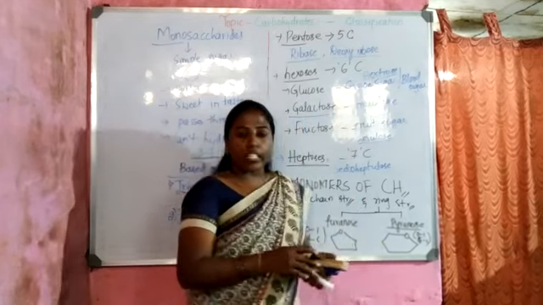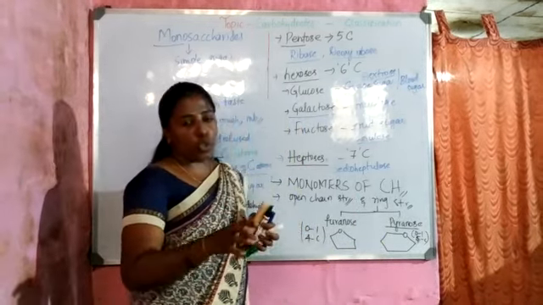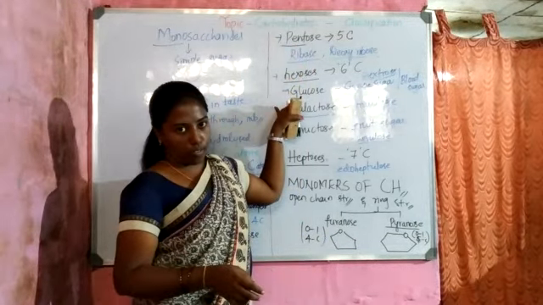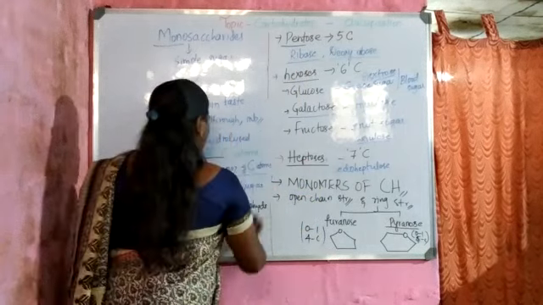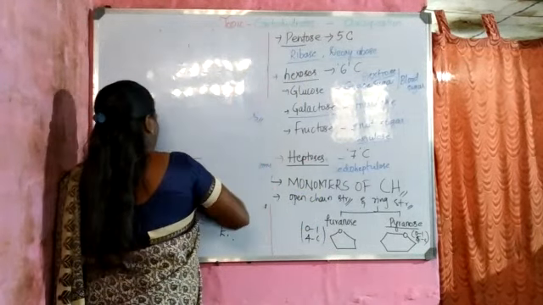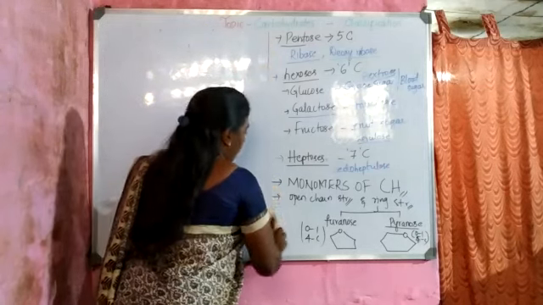That is the ring structure of the monosaccharides. Here we are going to discuss the structure of only the pentoses and hexoses. Let us start with the pentoses.